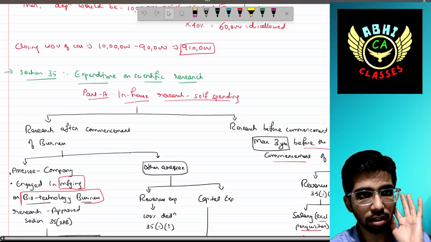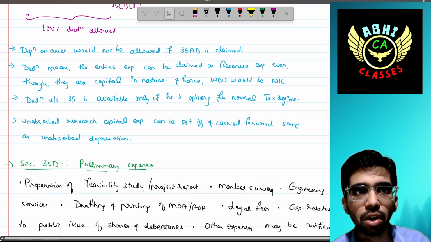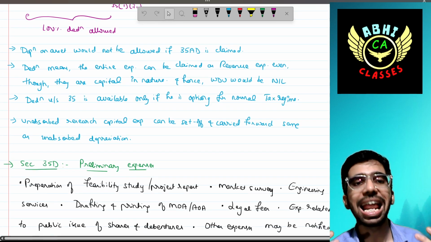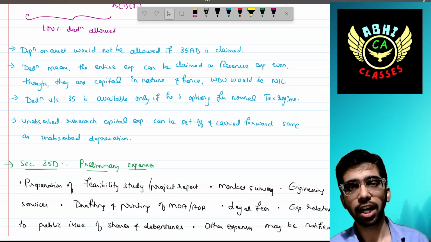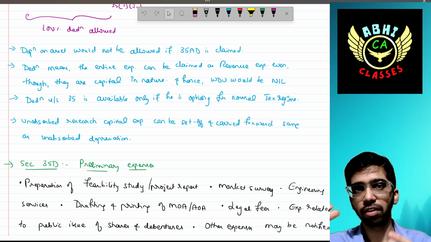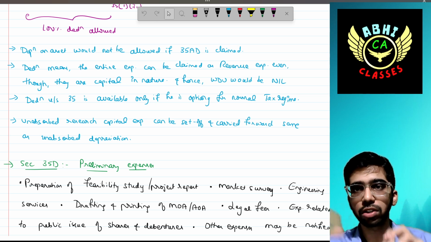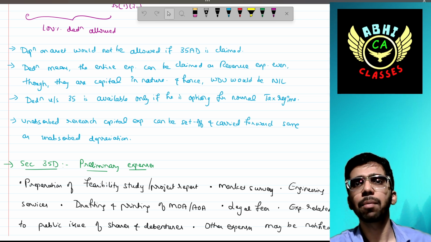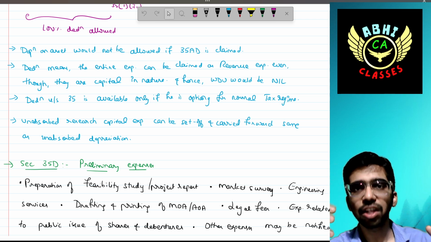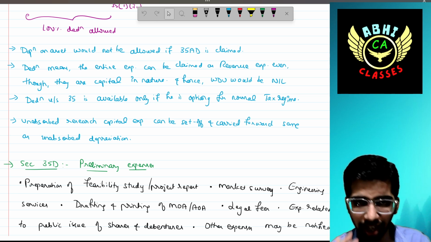That is section 35. The depreciation on assets would not be allowable if 35AD is claimed, because it is logical, right? Even though the 100% deduction is available for those categories, cost minus 100% deduction, obviously the WDV will be nil, and hence the concept of depreciation would also not arise in this case.